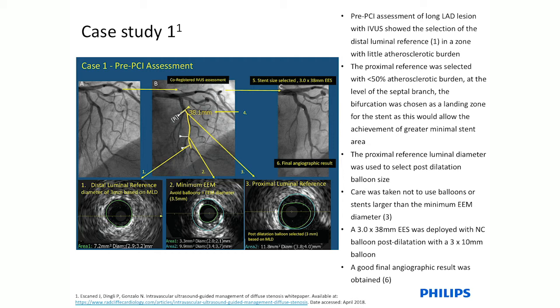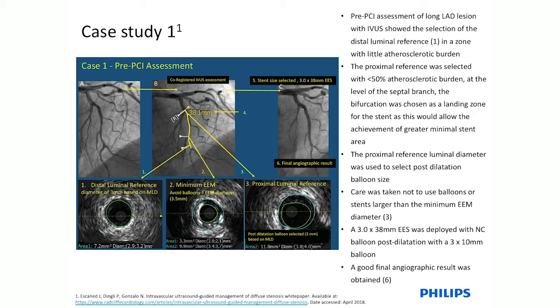As you will see, this is one of the examples where the information that you obtain on the external elastic lamina over the narrow segment, as you see in panel number 2, you should not exceed this particular size when choosing your stent.